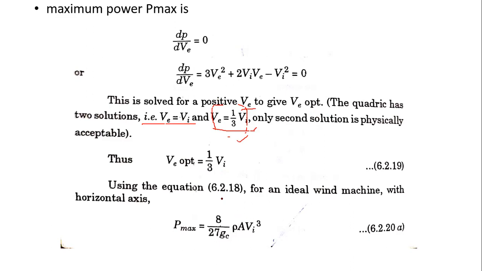Using equation 6.2.8 for an ideal wind machine with horizontal axis, we get P maximum is equal to 8 by 27Gc rho A Vi cube, just by substituting Ve equal to 1 by 3 Vi.